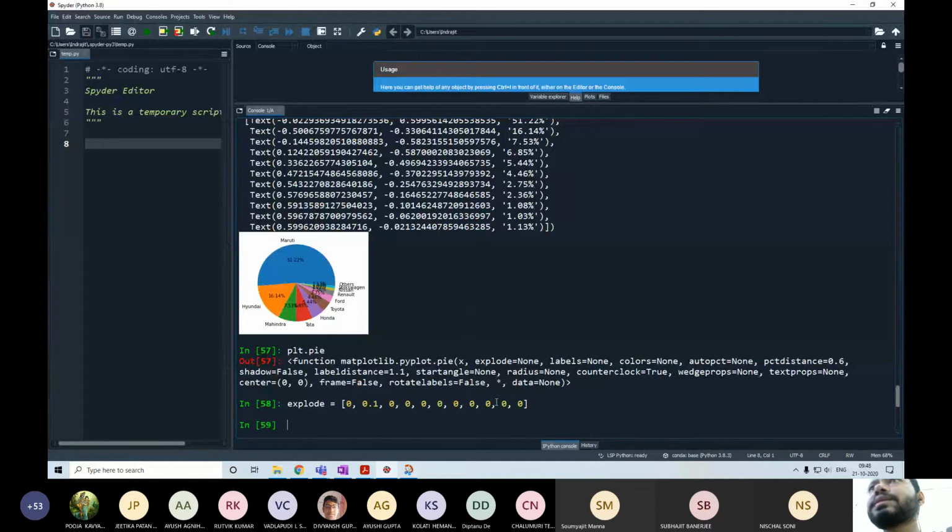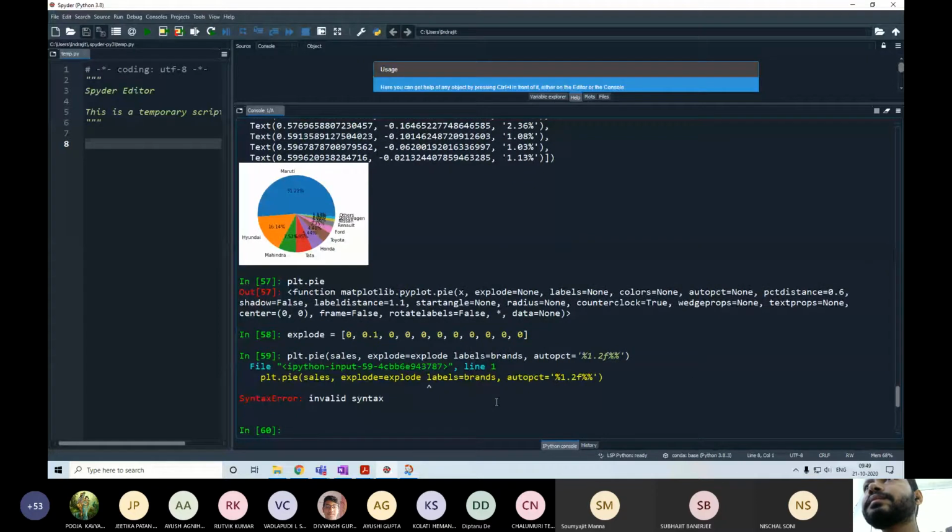So let's see. Explode is equal to explode, right? Sorry. Okay, what's the dimension of explode?